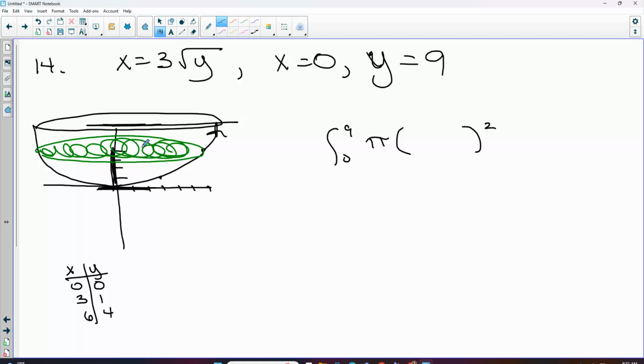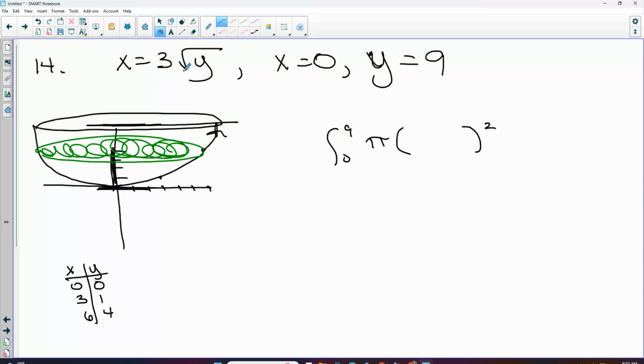If we were rotating around the y-axis, which variable did we typically work in terms of? When we did shells, it flipped, but when we did our basic x-axis rotations, we did it in terms of x. Y-axis, we did it in terms of y. So that means I should probably work in terms of y. It'll be a little bit easier.